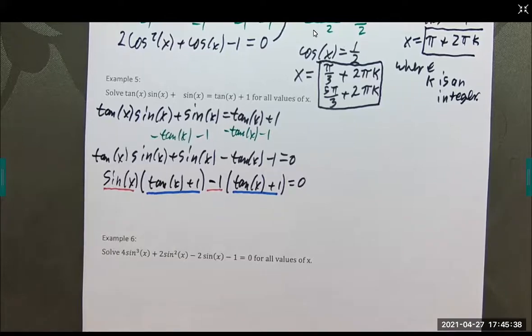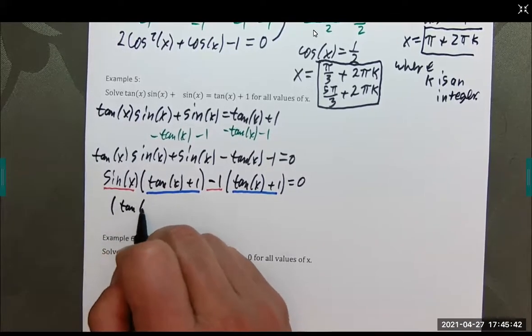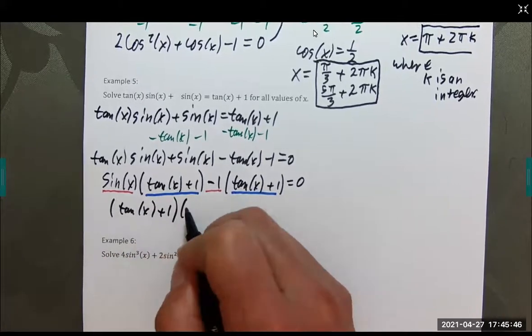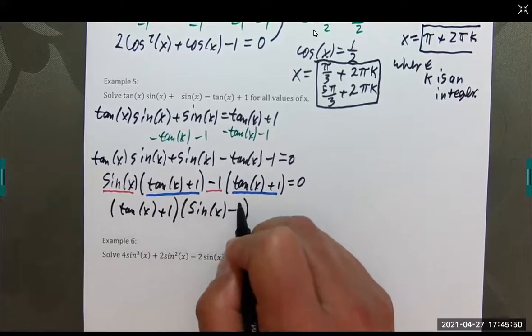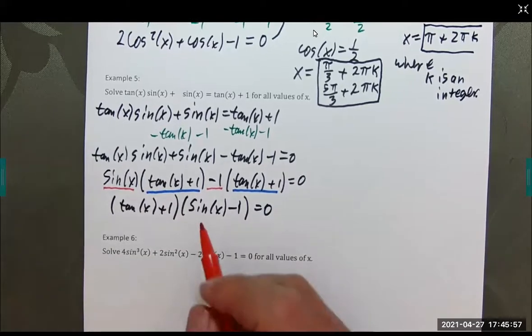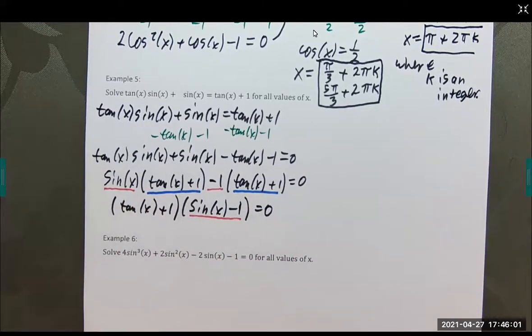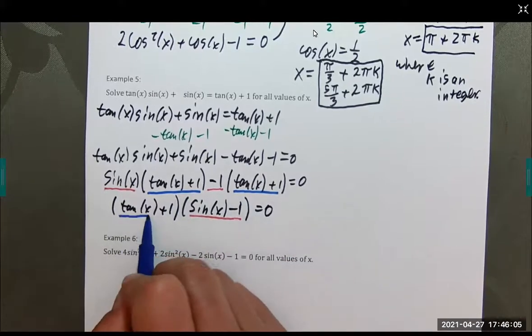Here we go. And to be clear, this is the sine x minus 1. And what we factored out, the common factor, was the tangent x plus 1.